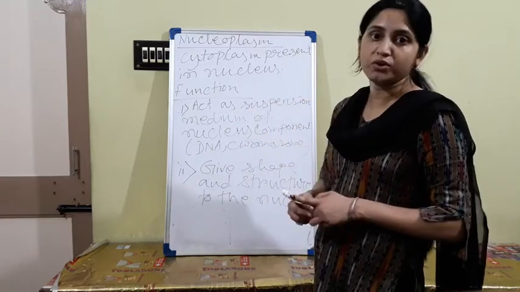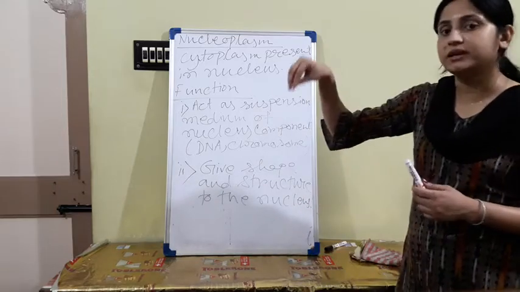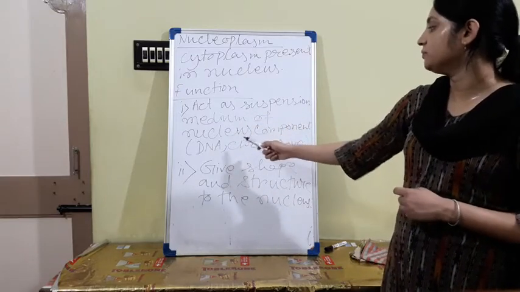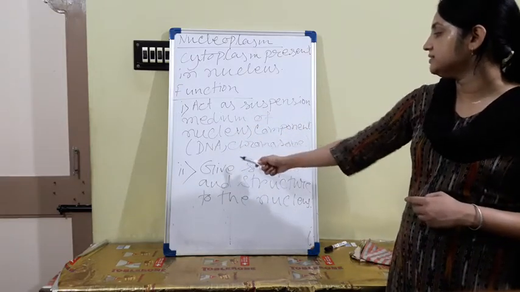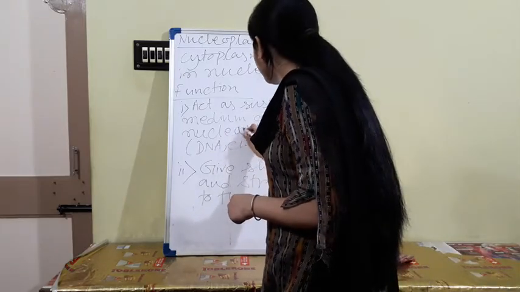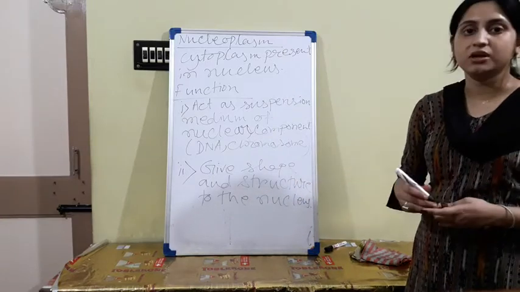Okay, nucleus components, you know that chromatin, chromosome, gene, DNA, all are suspended in this nucleoplasm. So, it acts as a suspension medium of nuclear components, that is DNA, chromosome, and gives shape and structure to the nucleus.